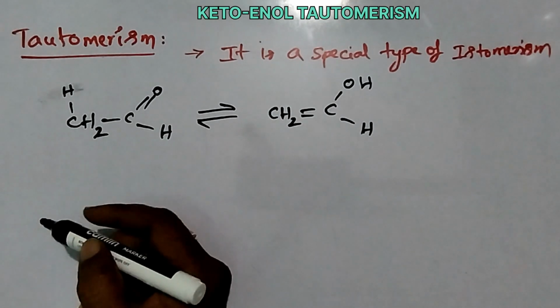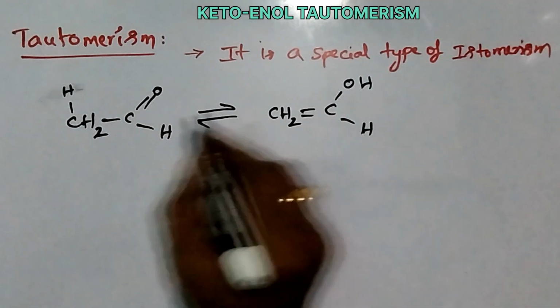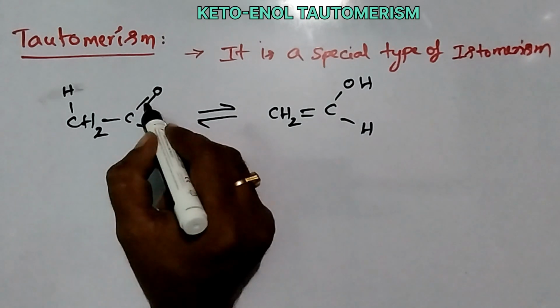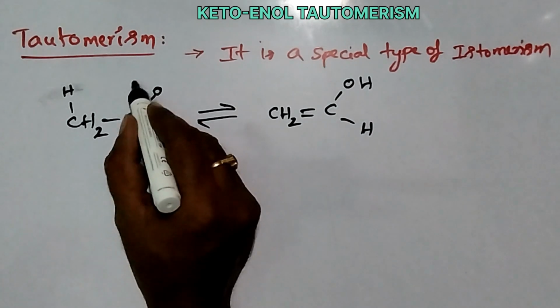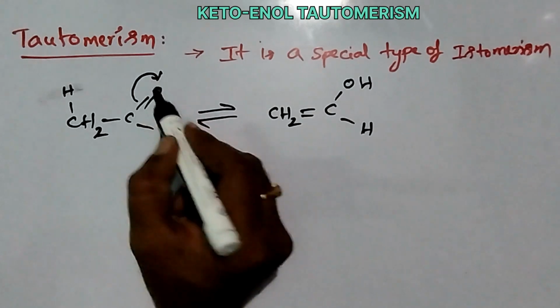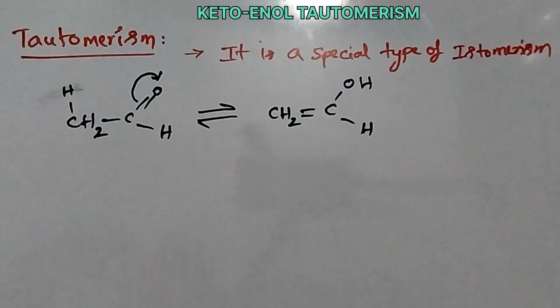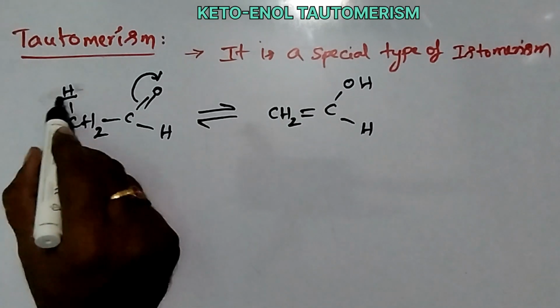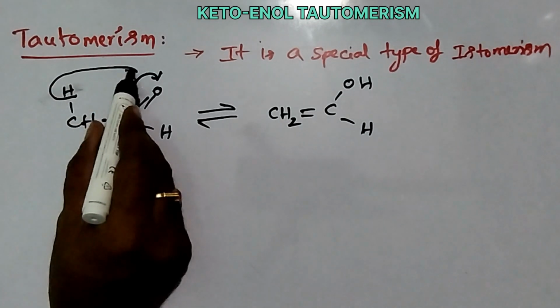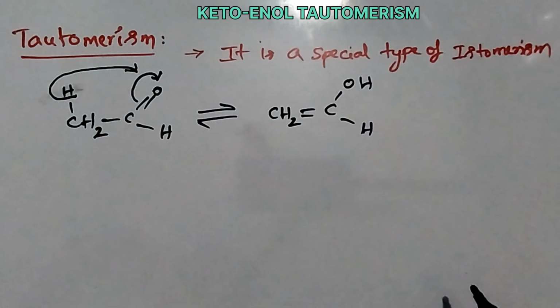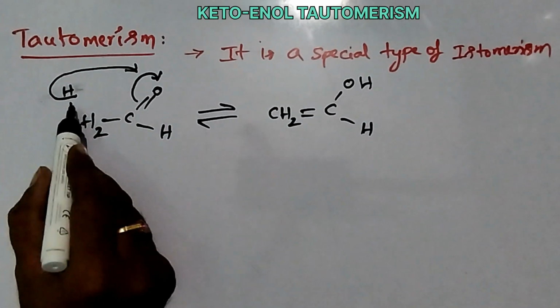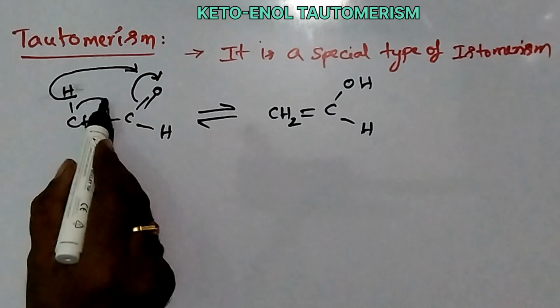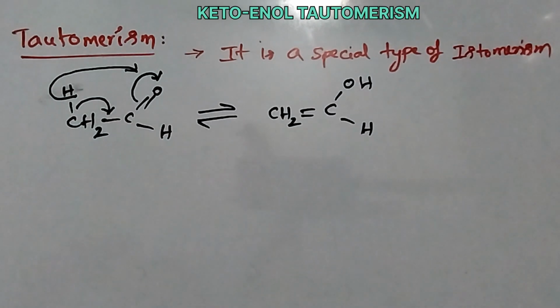So in this isomerism, the pi bond in the double bond shifts onto oxygen, then from CH3 one hydrogen is abstracted by oxygen, then the carbon and hydrogen bond shifts as a pi bond.